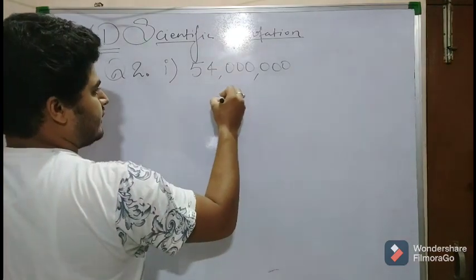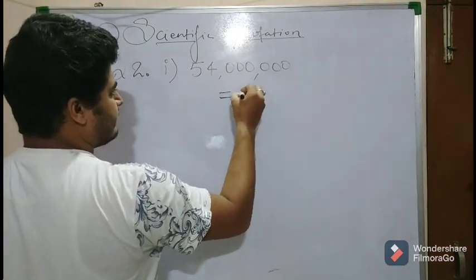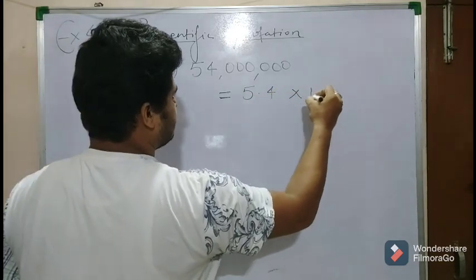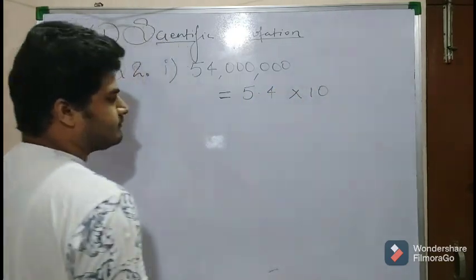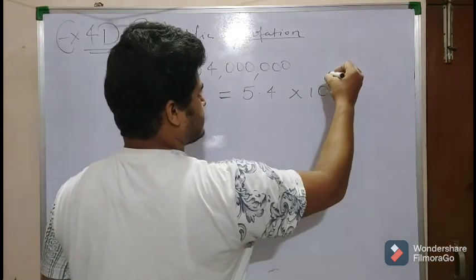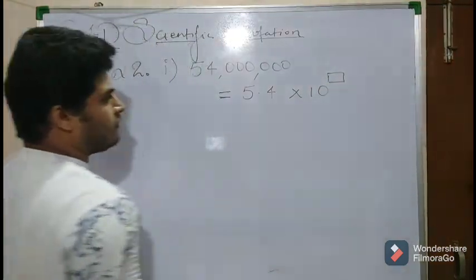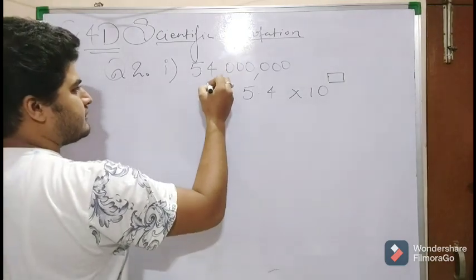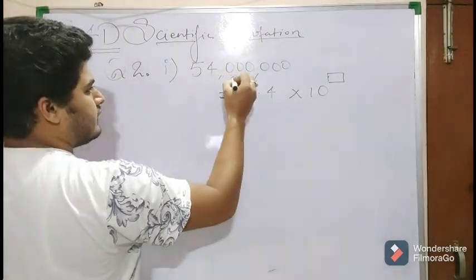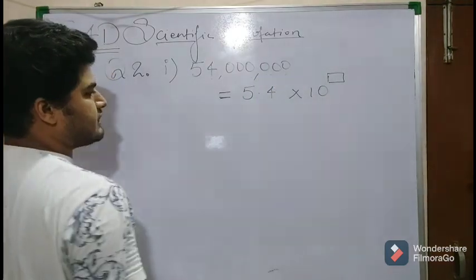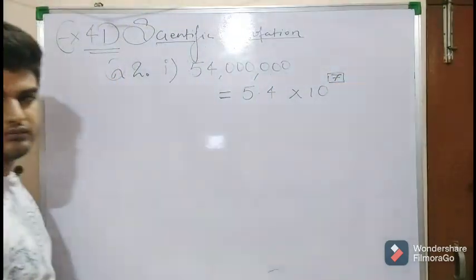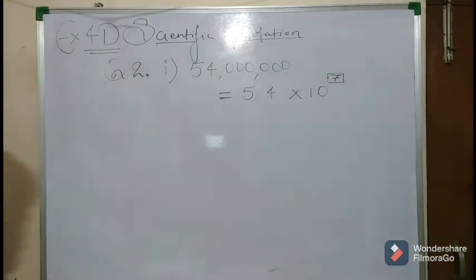When we convert it, on the right hand side it is written 5.4 into 10 raised to the power blank. So in that box we have to fill the correct power of 10. So for 5.4 we count after the first digit: 4 is 1, then 3 and 3 is 6, and 1 is 7. So 10 to the power 7.